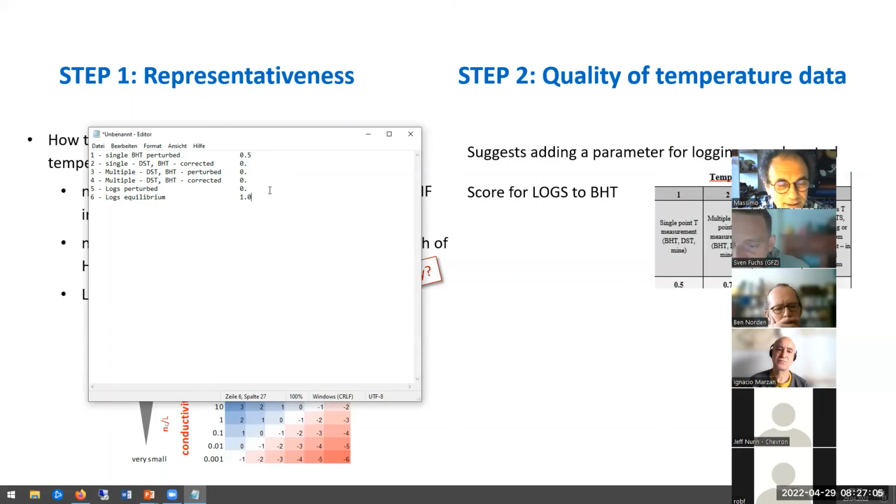The truth may be that perturbed logs may be of lower quality in inferring the heat flow than multiple DST or BHT corrected. But this is just my opinion. This is a point of discussion.